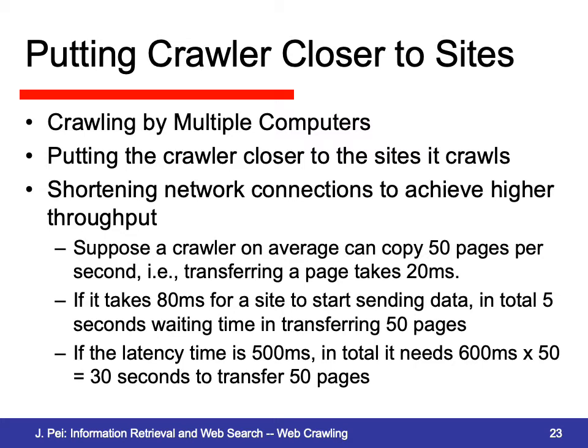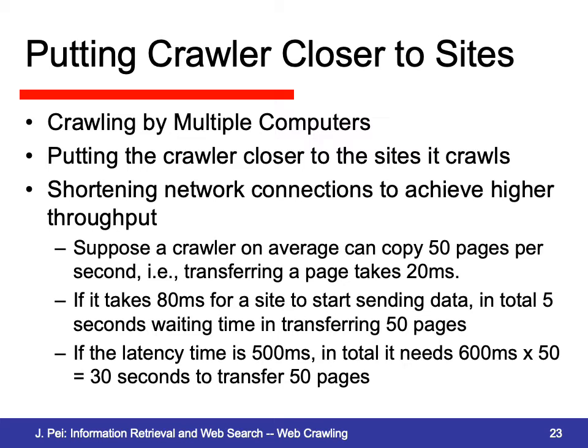Indeed, crawling is usually done collaboratively by many computers, not only by many computers in a data center. A global web search engine typically has to put the crawler closer to the websites it crawls. The major rationale behind this is that it tries to shorten the network connections to achieve higher throughput.